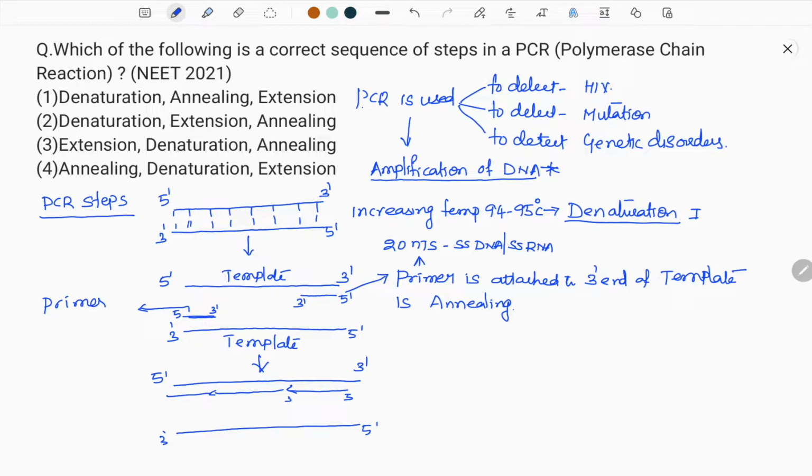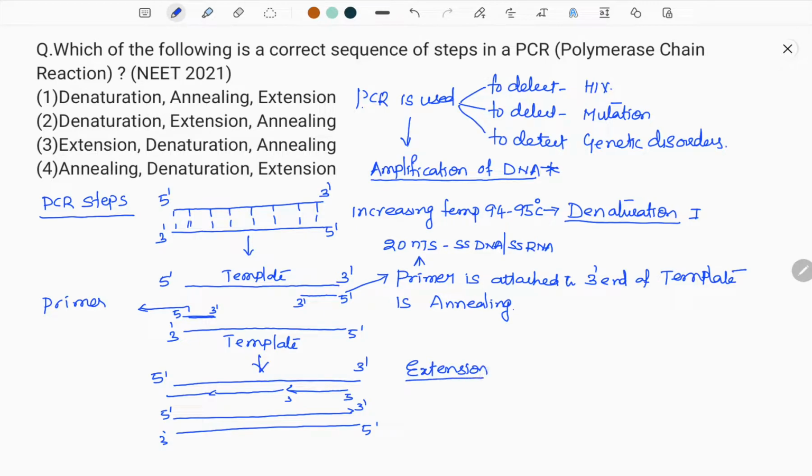Remember, always DNA replication, transcription, translation, all of that takes place only in 5 to 3 direction. It will never be from 3 to 5 direction. So the third step is called extension.